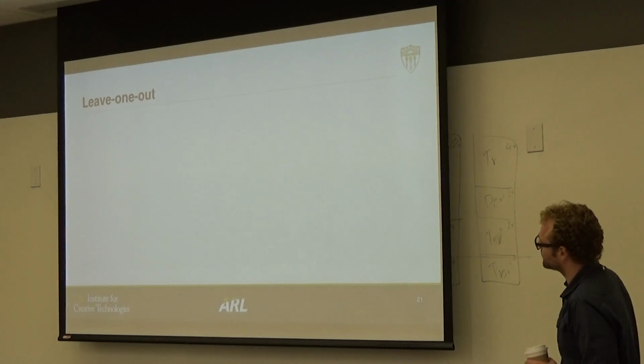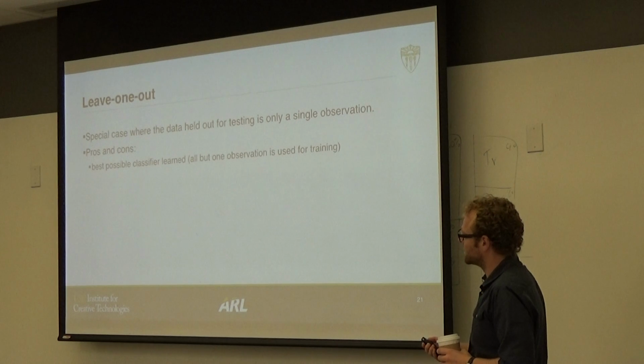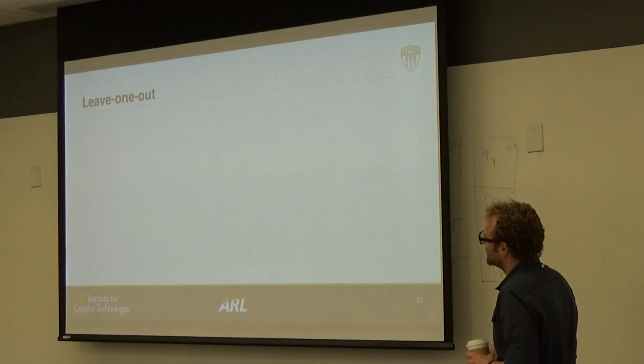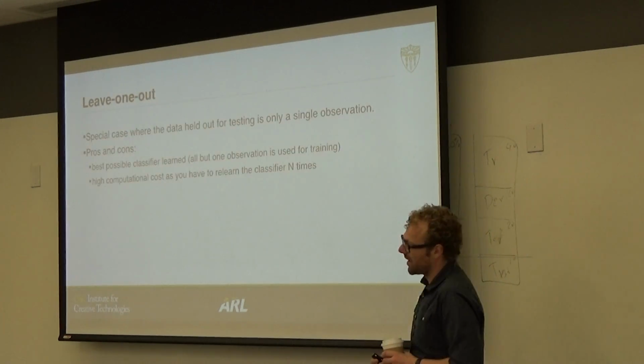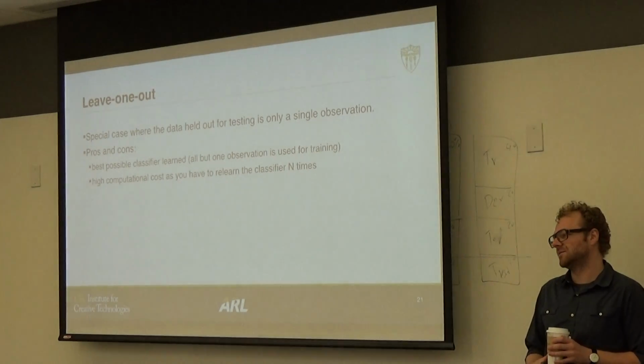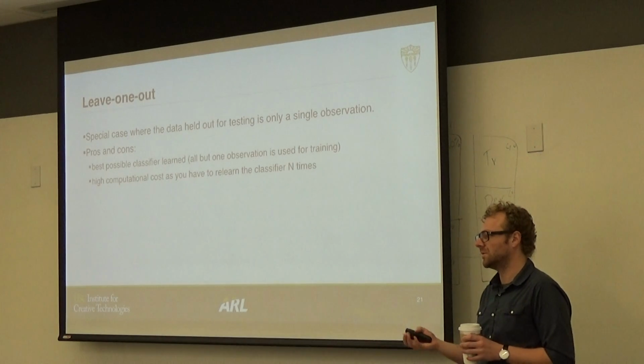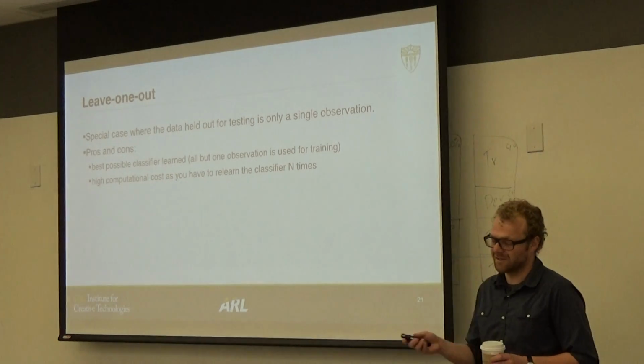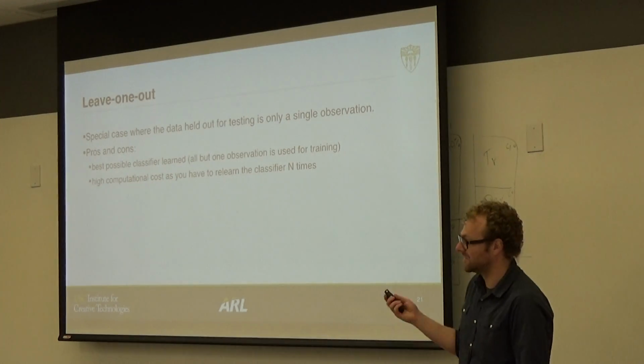Okay, cool. Another special case is leave-one-out. It's basically when you have a very tiny data set, maybe only 45 people and only 5 minutes of each person.